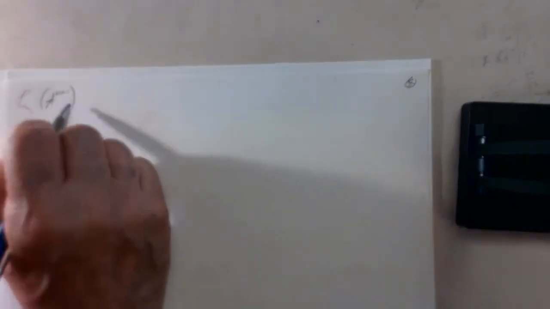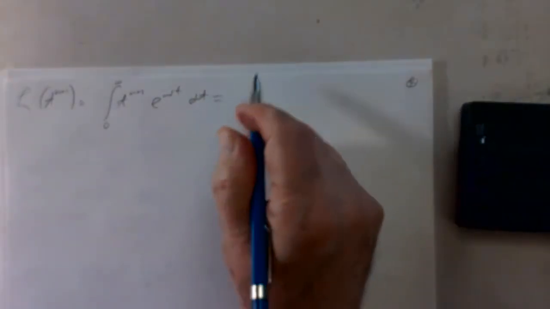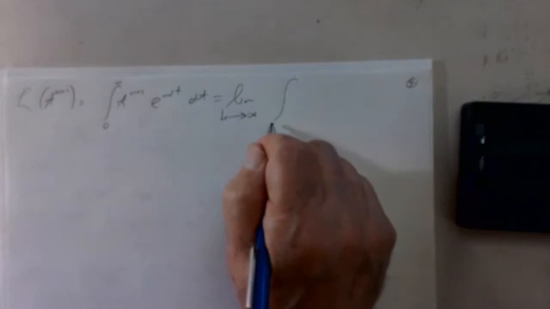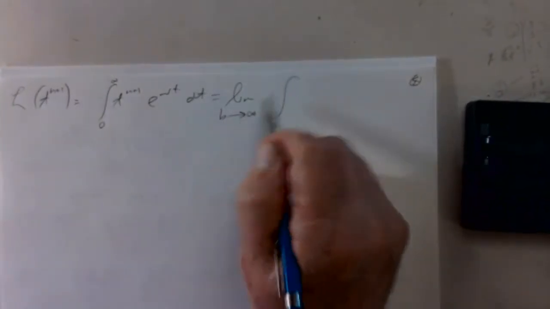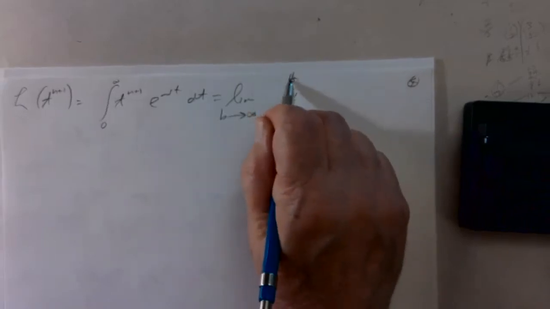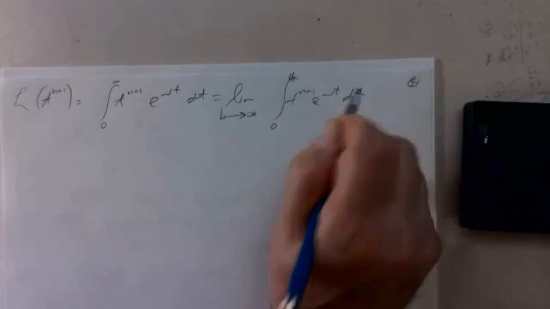So what is the Laplace transform of t to the n plus 1? That's the integral from 0 to infinity of t to the n plus 1 e to the minus st dt. Let me do it very carefully, exactly using the definition of the improper integral: the limit as b goes to infinity of the integral from 0 to b of t to the n plus 1 e to the minus st dt.